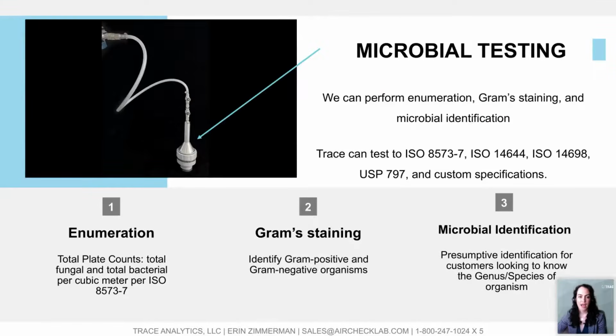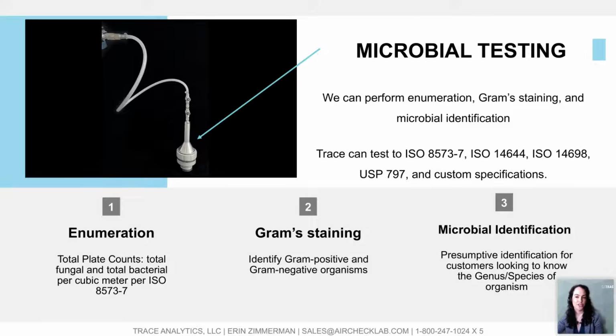And then next we have our Pinocchio. This is used for testing microorganisms. It's an impaction sampler, and after setup, it only takes about 10 minutes per sampling point. So it's really quick and easy to use.